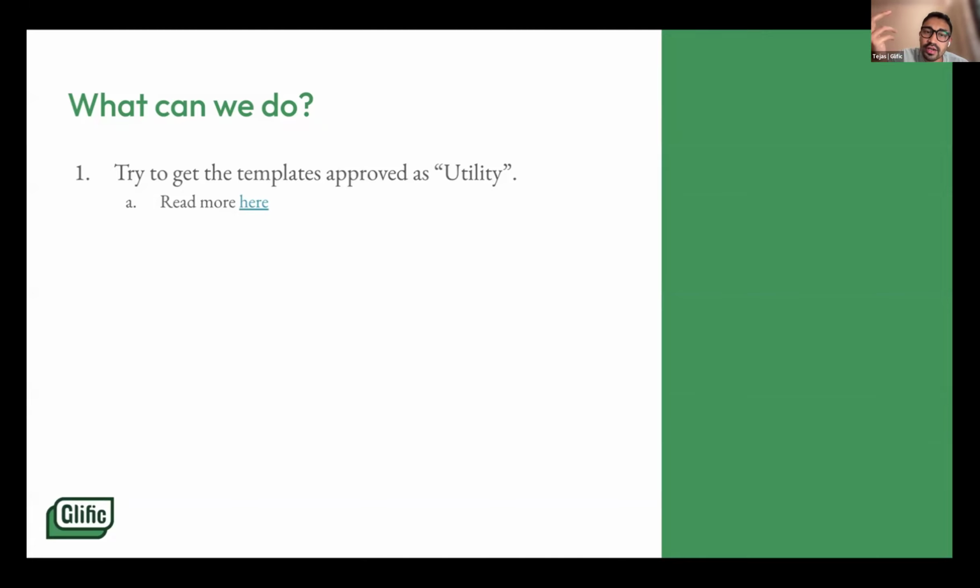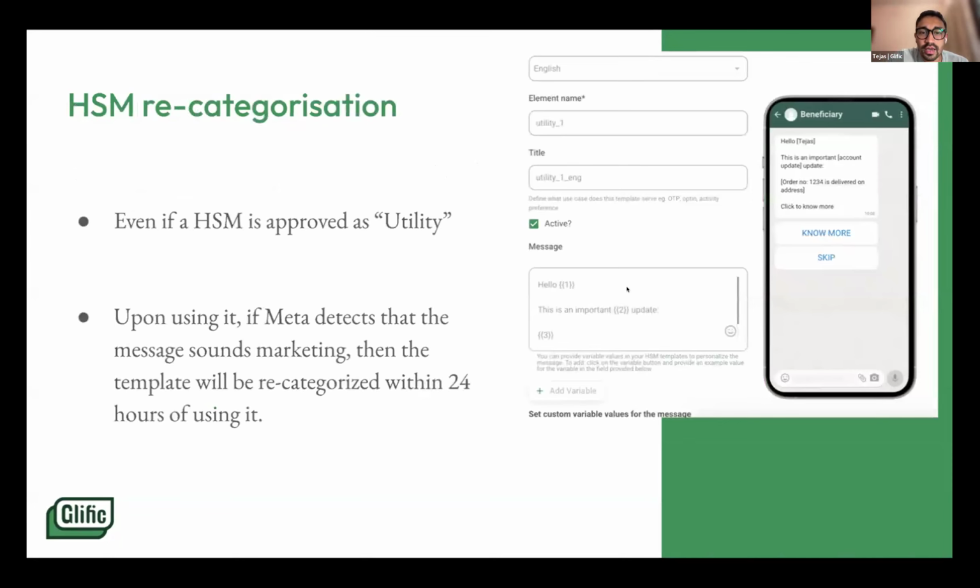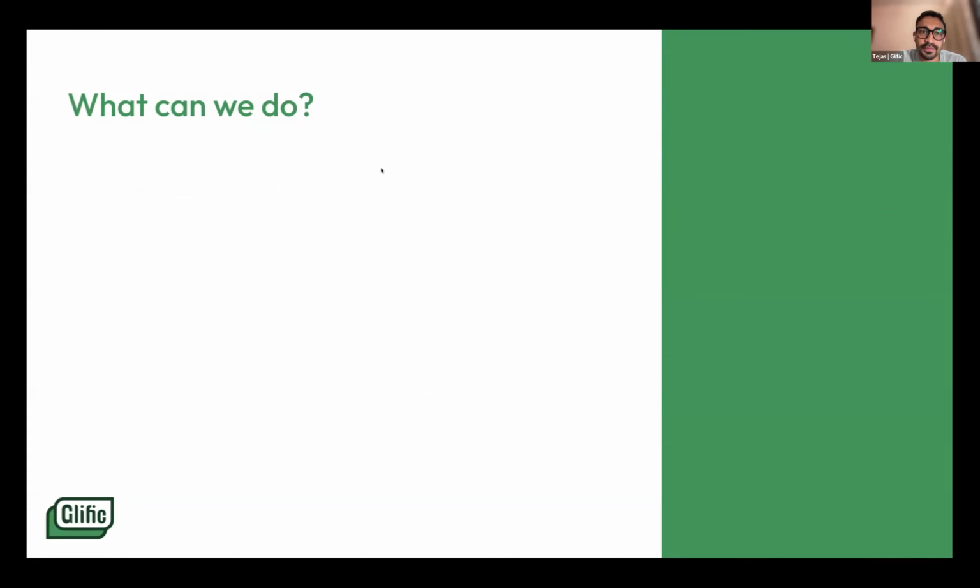But there's one sliver of hope here. You can try as much as possible to plug in the variables and keywords like update and reminders, and if you have a very specific use case, for example, one use case is Leadership for Equity, and I think Anjali has joined us.